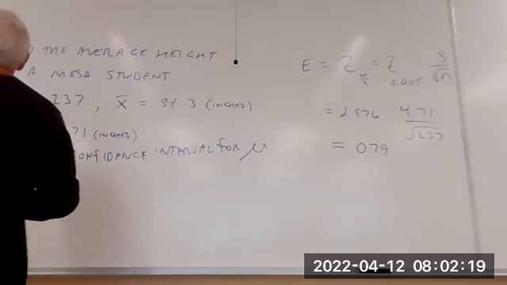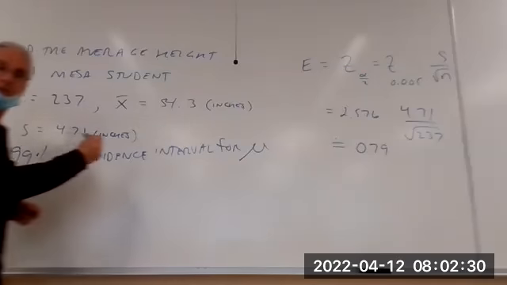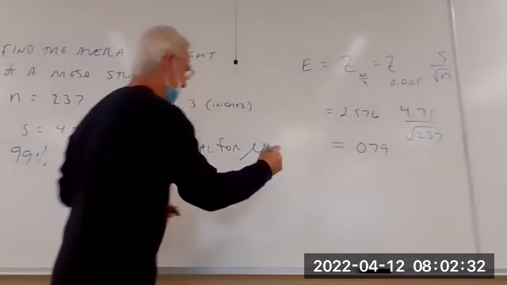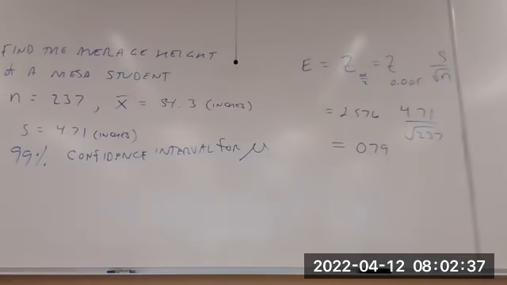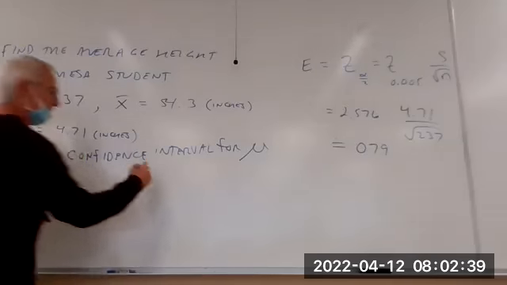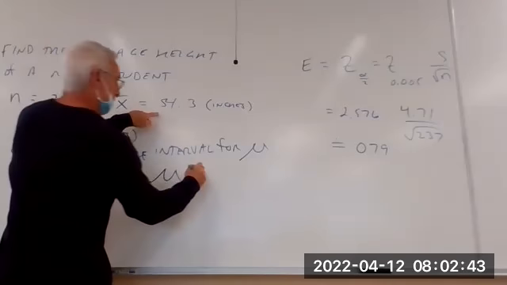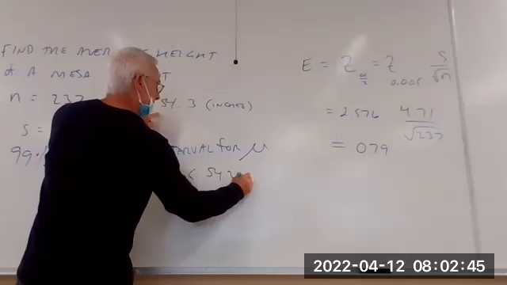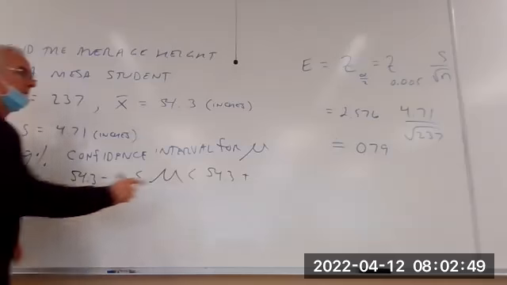So now when I answer the question, what is a 99% confidence interval for the true value of the mean? Well, the true value of the mean will be between X bar minus the error and X bar plus the error.